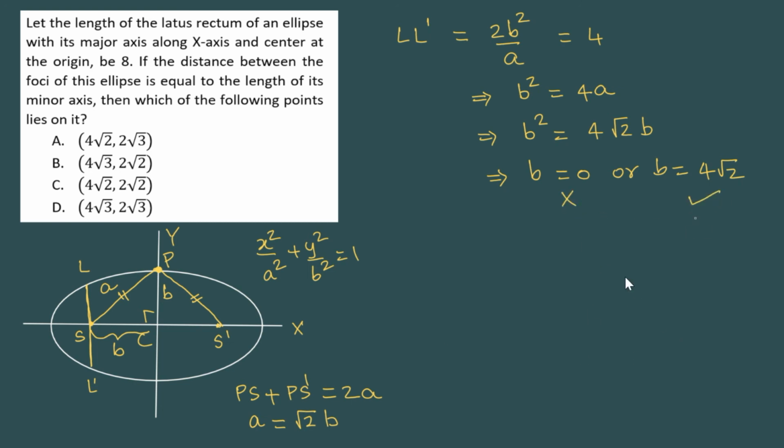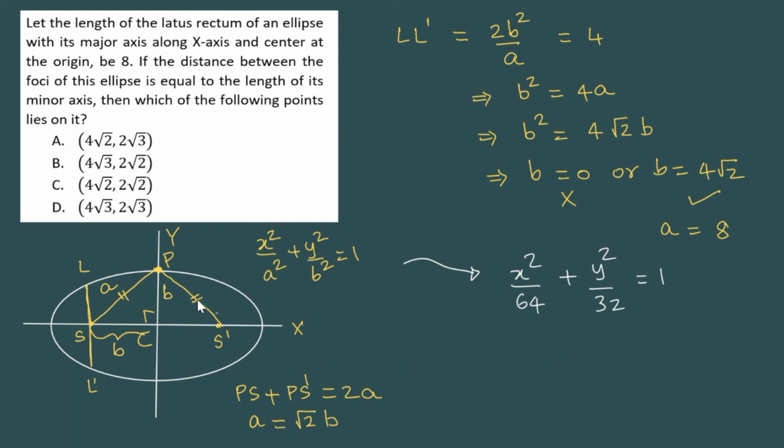So b is definitely 4 root 2. If I substitute here, I get a as 4 root 2 into root 2, so that is 8. Then what is the equation of the ellipse? We have x square by a square, which will be 64, plus y square by b square, which is 32, equal to 1.